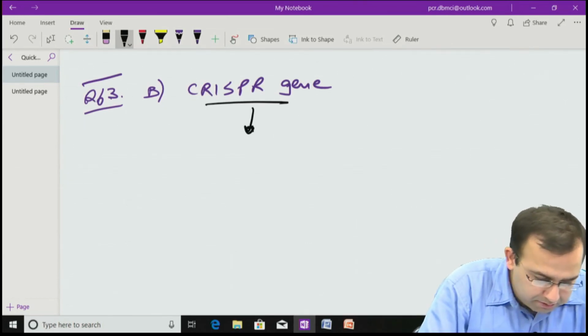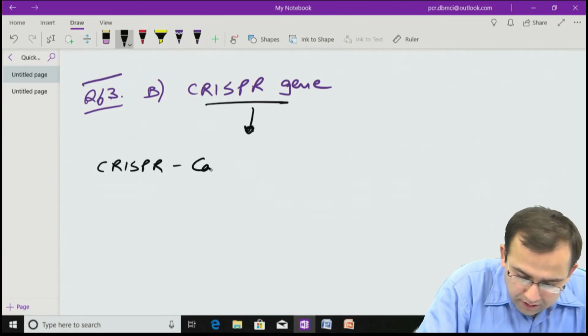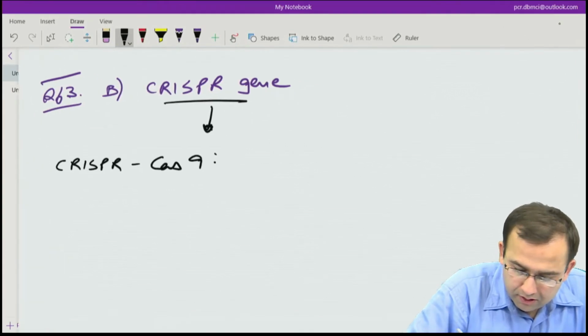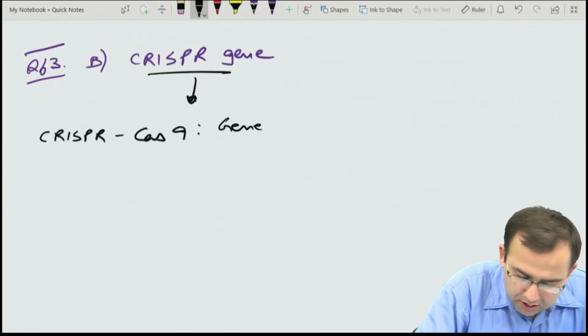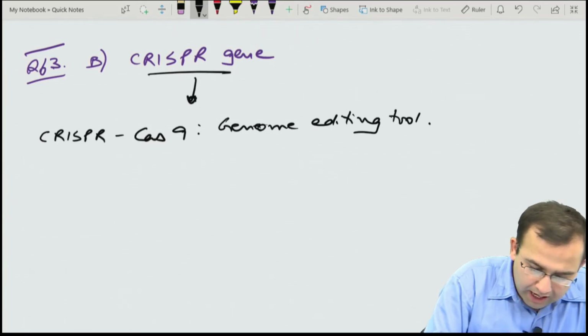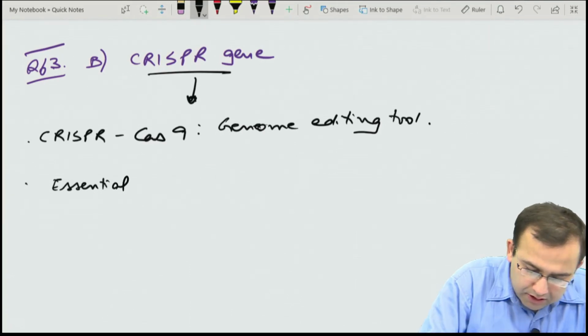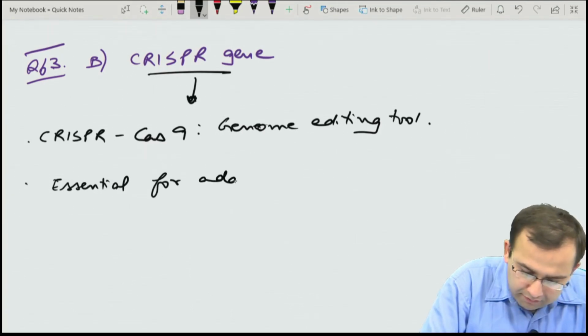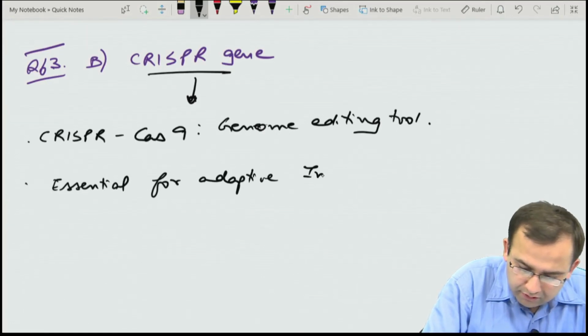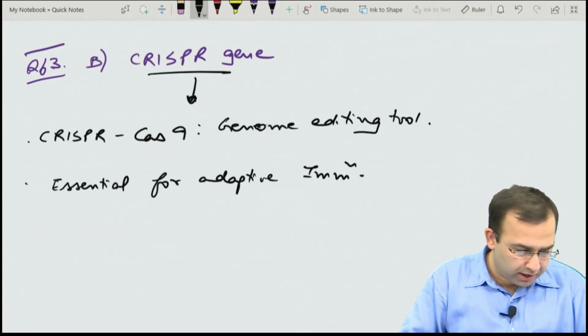CRISPR-Cas9 is a genome editing tool and is essential for adaptive immunity, to play a role against microbial infections.